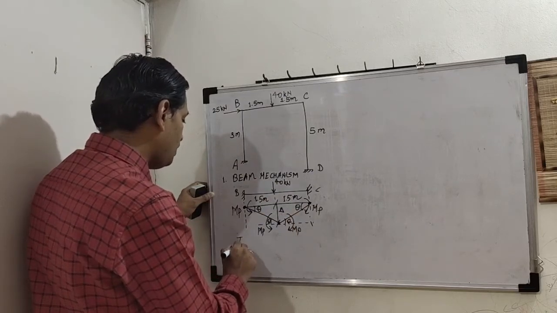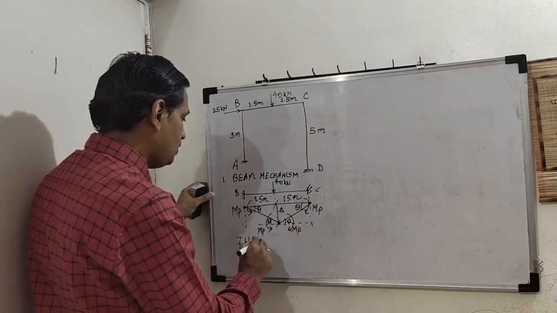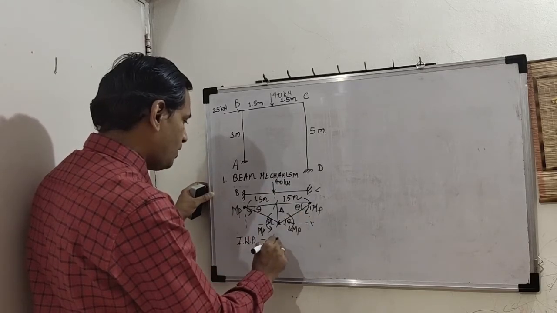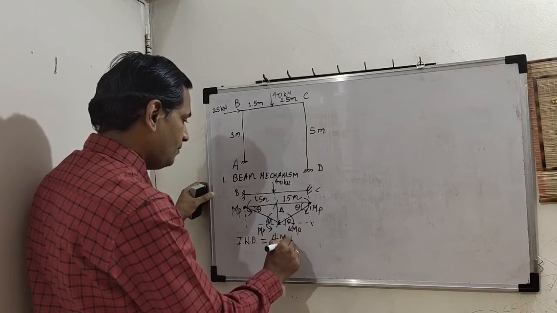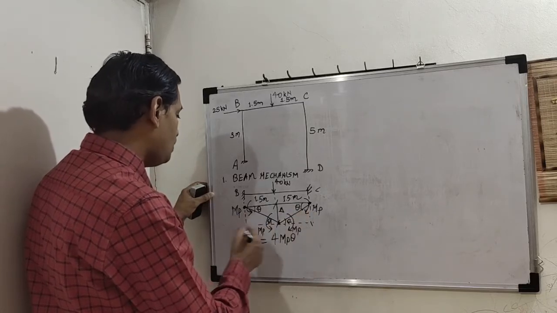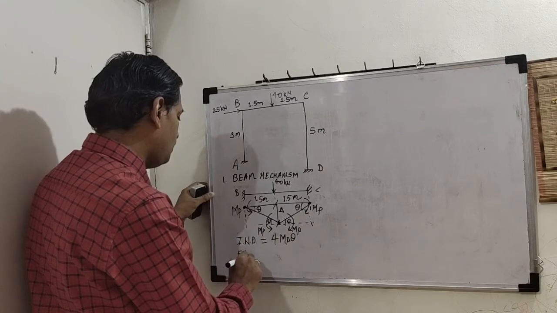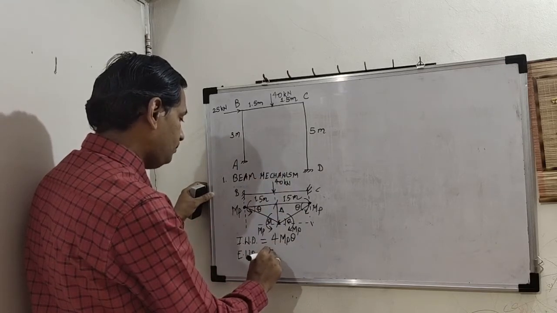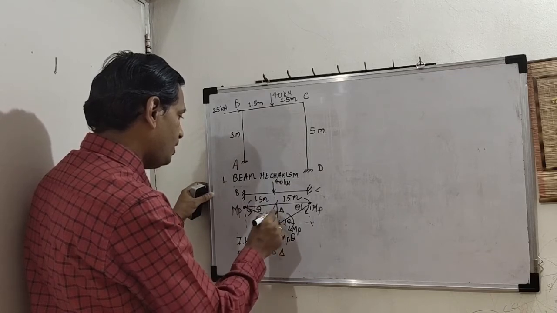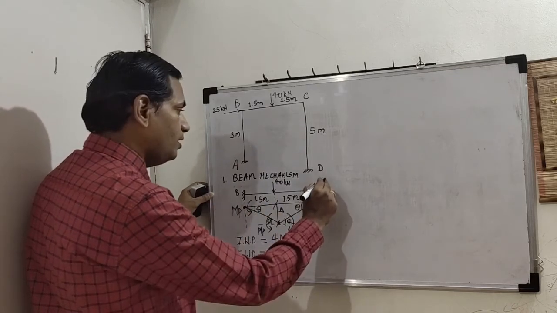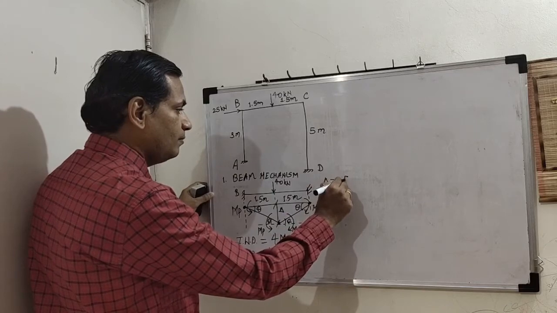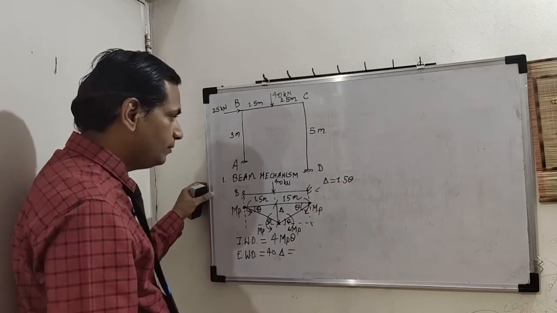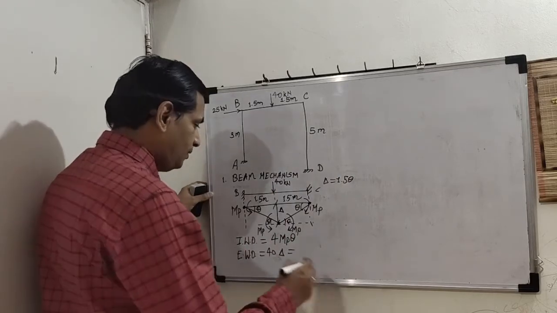So internal work done is equal to 1, 2, 3, 4, 4 times MP theta. And what is external work done? 40 into delta. What is delta? 1.5 theta. I'll write here. Okay. So 40 into 1.5, how much? 60.